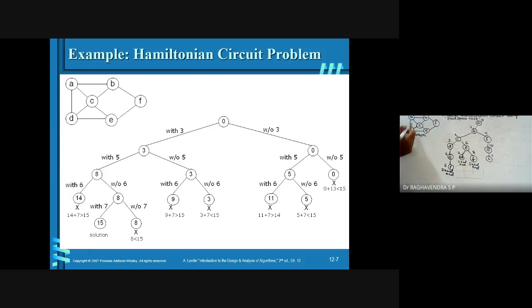I cannot go back to A because if you go back, D will be skipped. So that is why go to D. So that is 12th vertex. Next, after D, only one option left. That is A. So 13th vertex. Okay. So this is the solution.